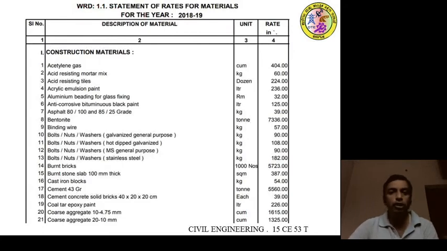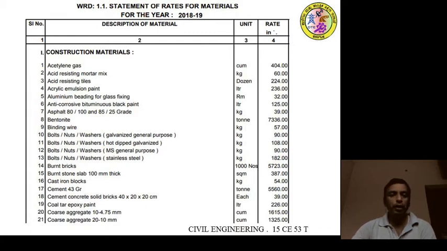This figure shows the statement of rates of material for the year 2018-19. It is a simple tabular column. It will show the serial number, description of the material, unit and rate.